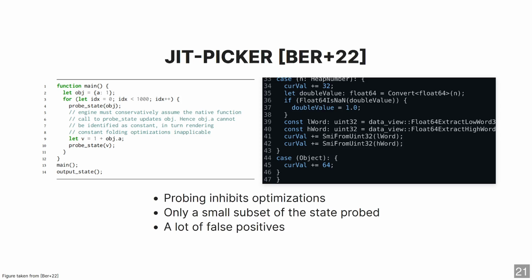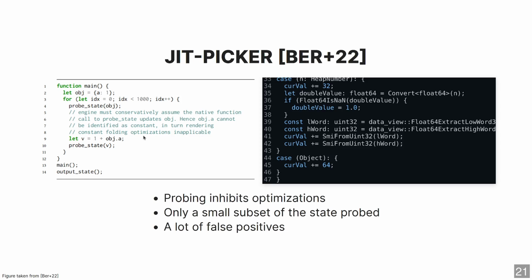There's another paper that does differential fuzzing between execution tiers called JITpicker. What they do is insert these probes, called probe states in the paper, with a very small probability, and then probe one variable.